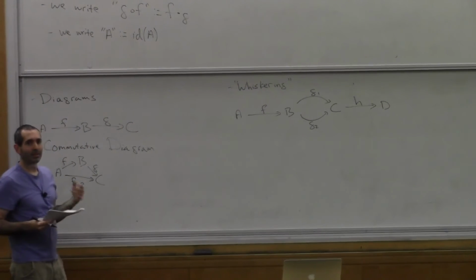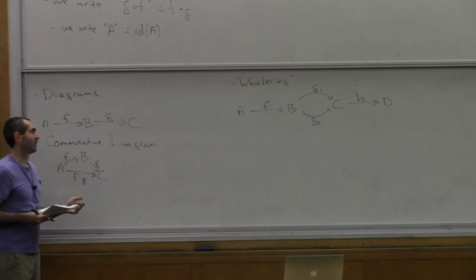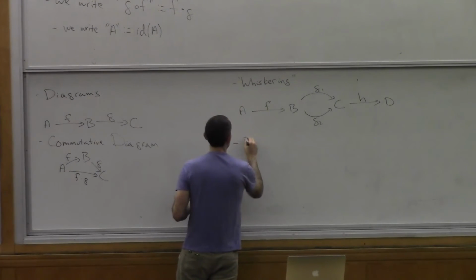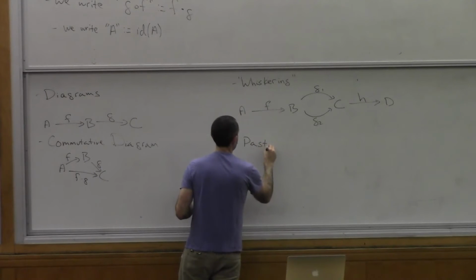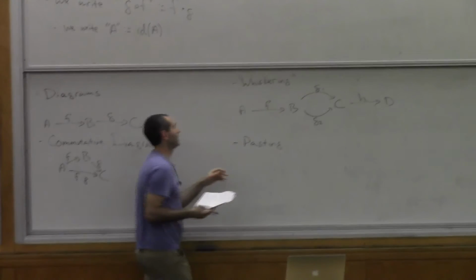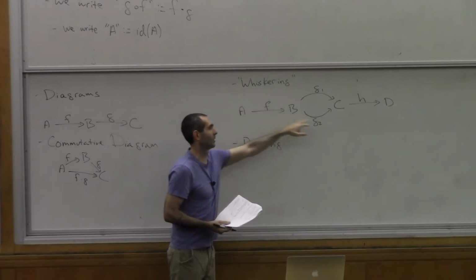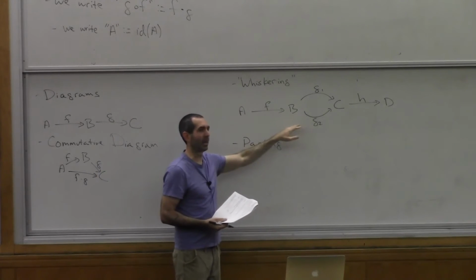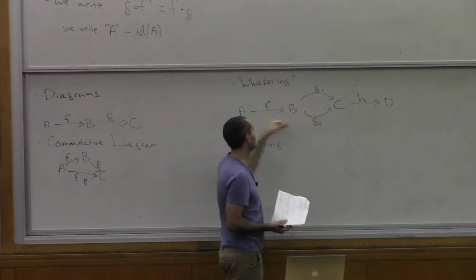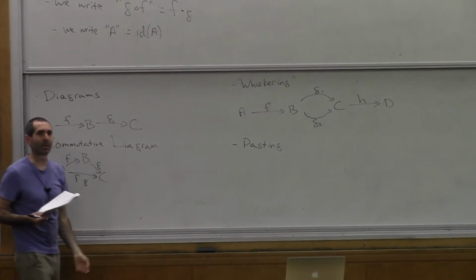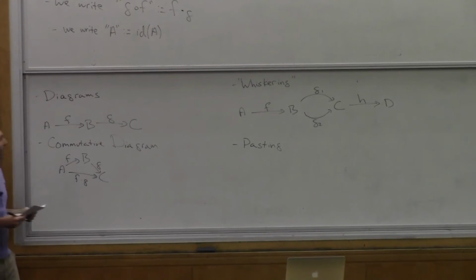And another thing we can express using this graphical language of diagrams is what's called pasting. Oh, and I should mention that this terminology, hopefully it's obvious, but these look like little whiskers coming off of the commuting diagram. You have some commuting diagram here, and you have some arrows going into and coming out of it, which look like whiskers on a cat or something.